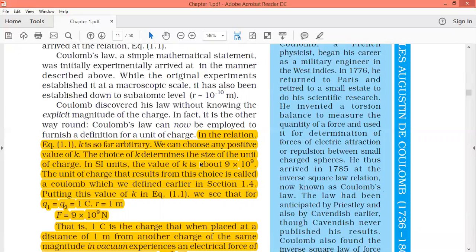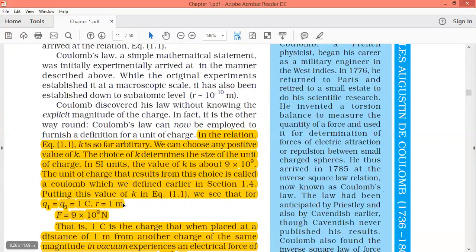Okay. So if you take k is equal to this value, what happens? We will get 1 Coulomb value. Depending on k, we get the size of unit of charge. Okay. If k is chosen like this, 9 into 10 power 9, the unit of charge will be 1 Coulomb. Okay. So from this only we get the definition for Coulomb.